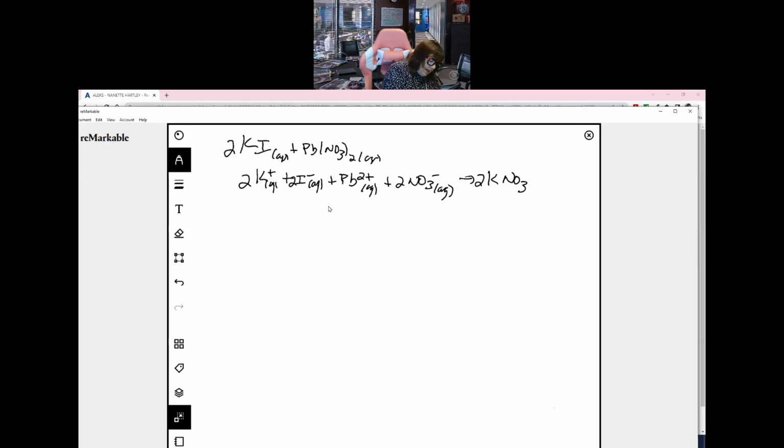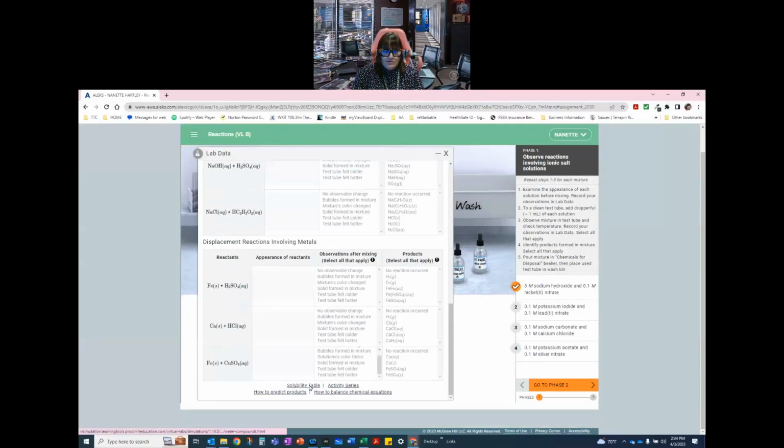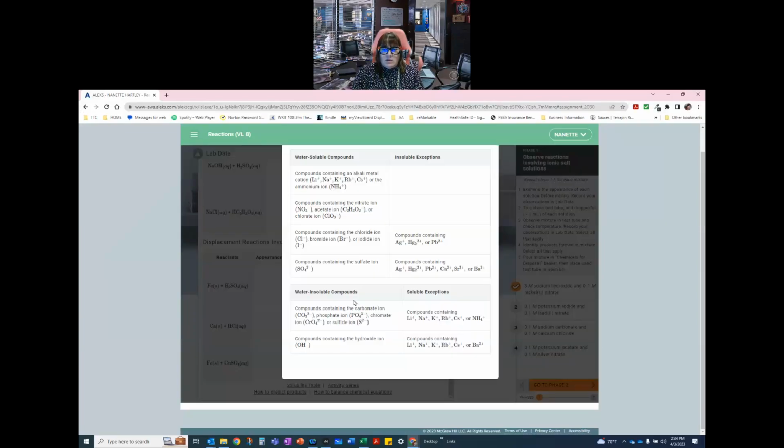Okay. The other product that I have is a Pb, which is a 2 plus, and an I minus. So that's going to be PbI2, and that is the one that is solid. It is a solid. And again, it's a solid because my iodine is soluble except when it's with a Pb2 plus.